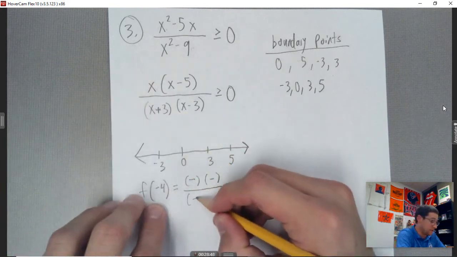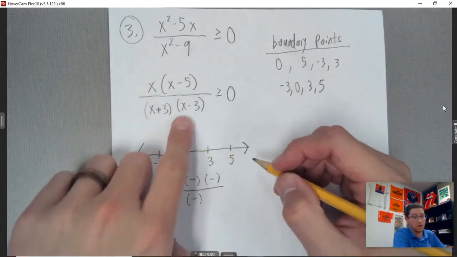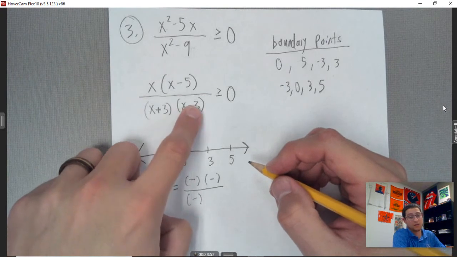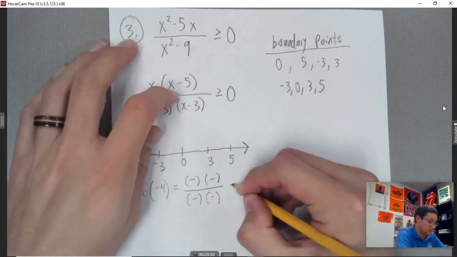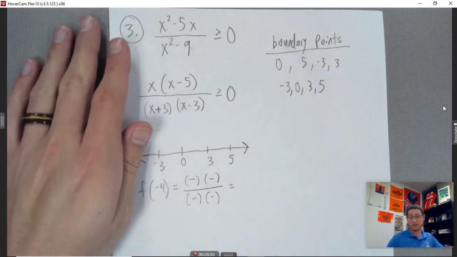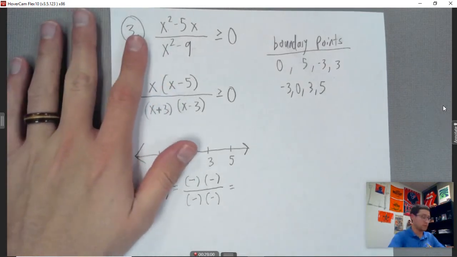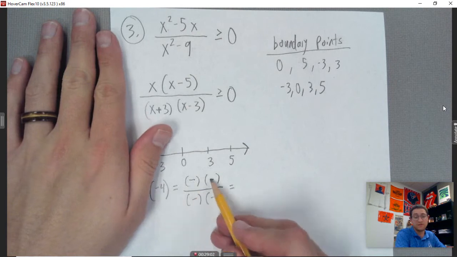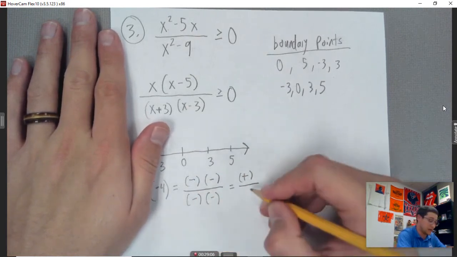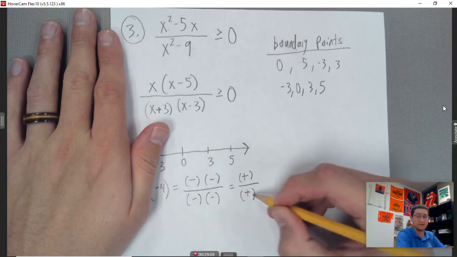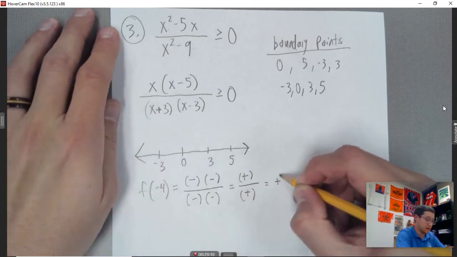That's going to be a negative. And then over here, -4 minus 3, even going further negative, still negative. Now you could simplify this in a lot of different ways. The way I'm going to do this is on top, negative times a negative. On the bottom, negative times a negative. Positive times a positive. That is a positive.